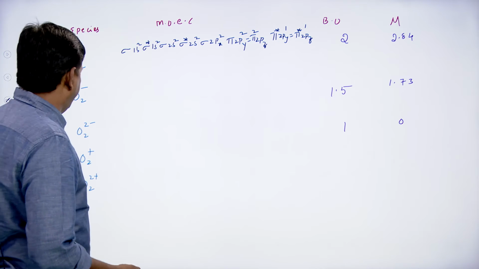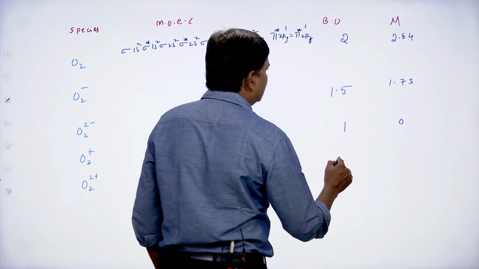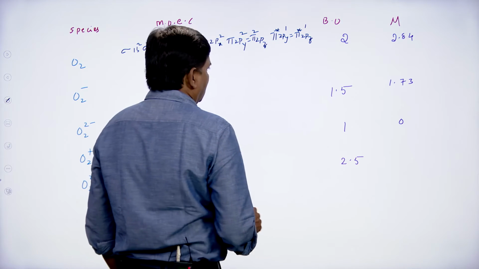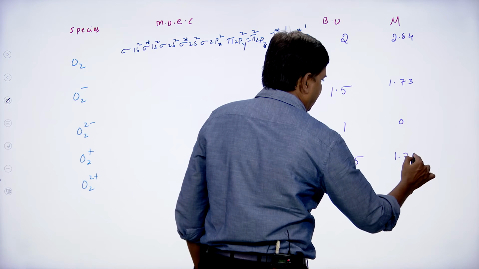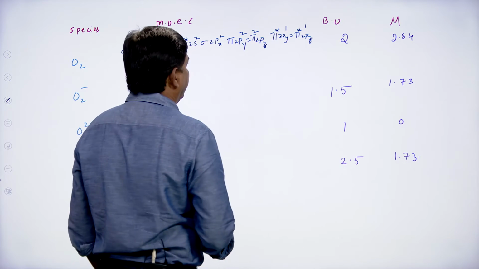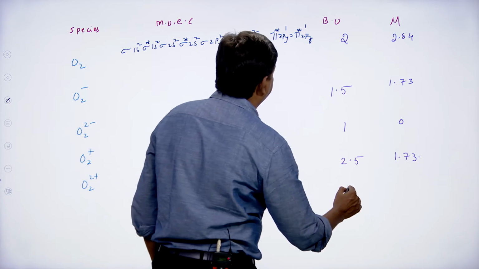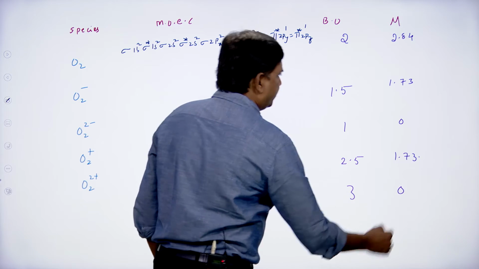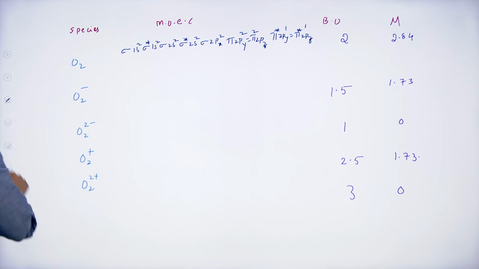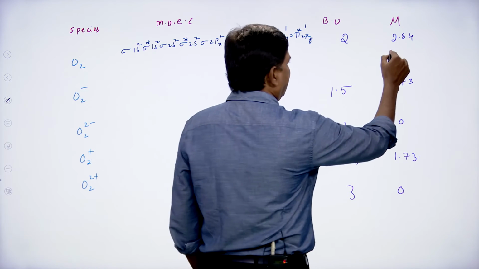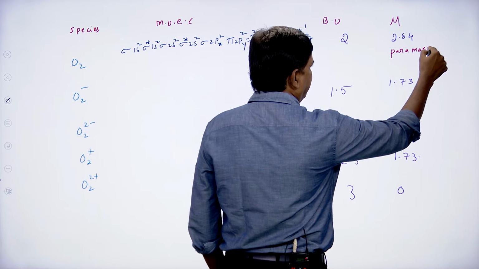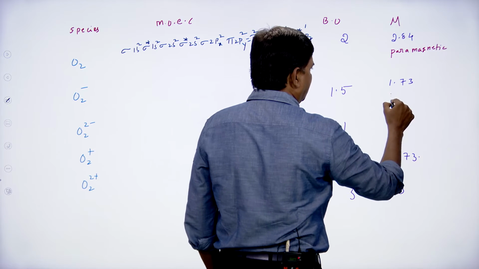O2 plus is 2.5 and 1.73. O2 2 plus is 3, and magnetic moment 0. O2 is paramagnetic in nature, this is paramagnetic, and this is also paramagnetic.